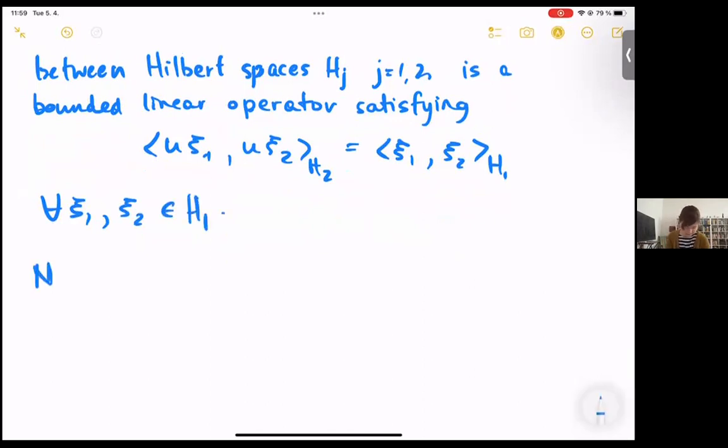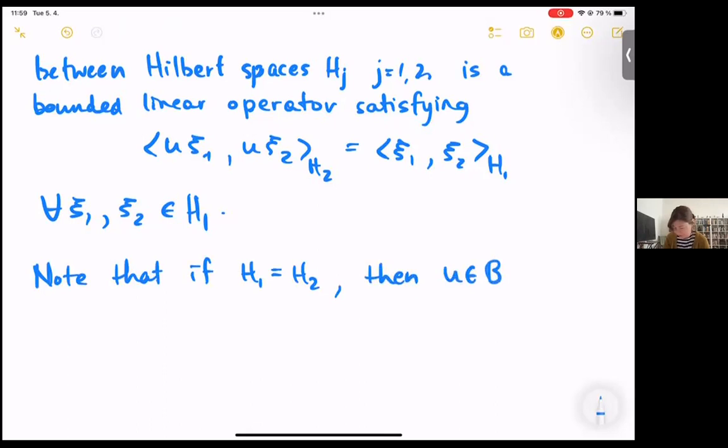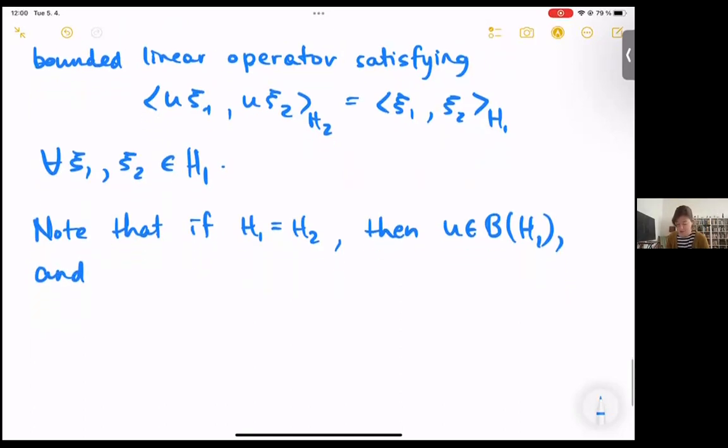And note that if H1 is equal to H2, then of course U is in the C-star algebra B of H1, and then U is just a unitary in the sense that we saw earlier.